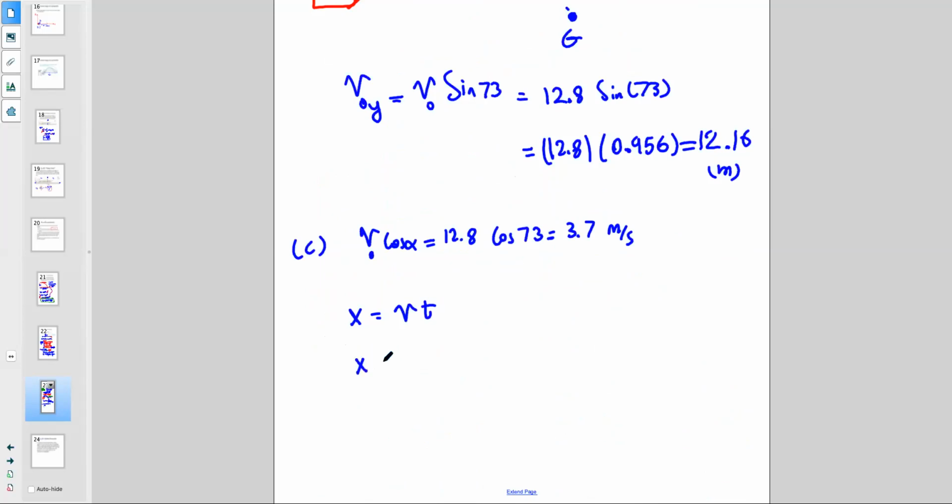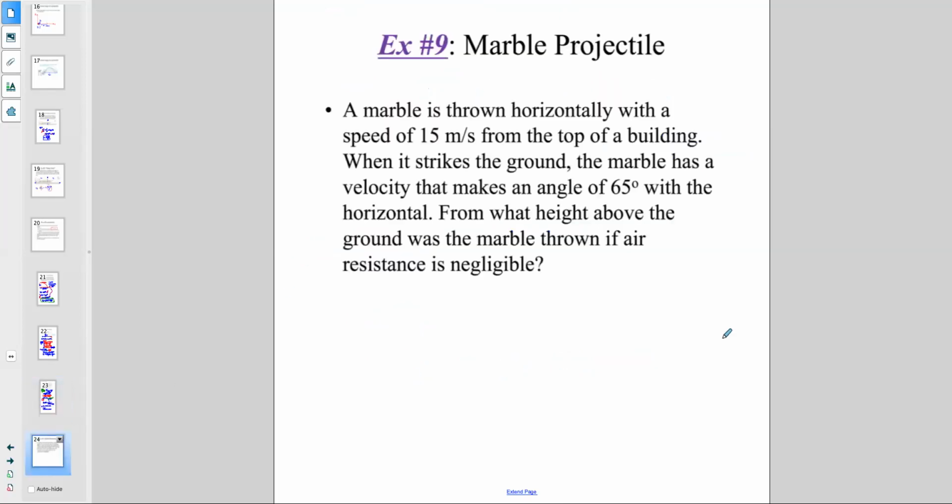So x is 3.7 times 6.13, which is 22.6 meters away.